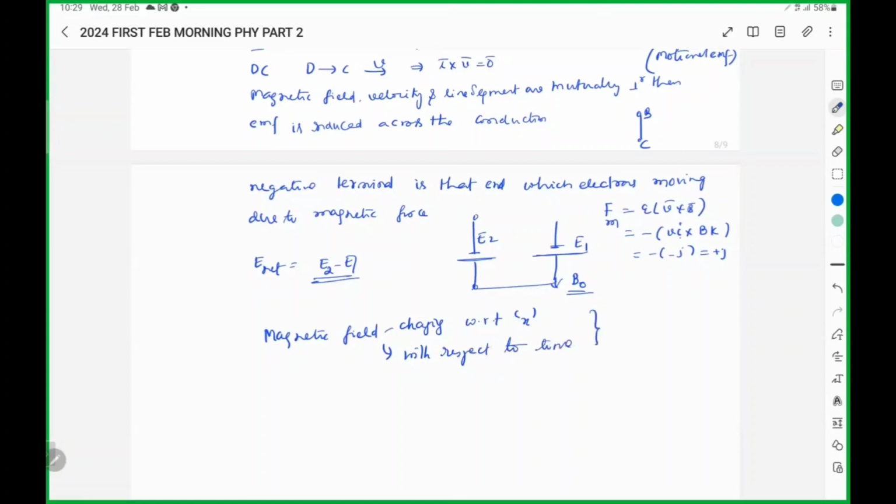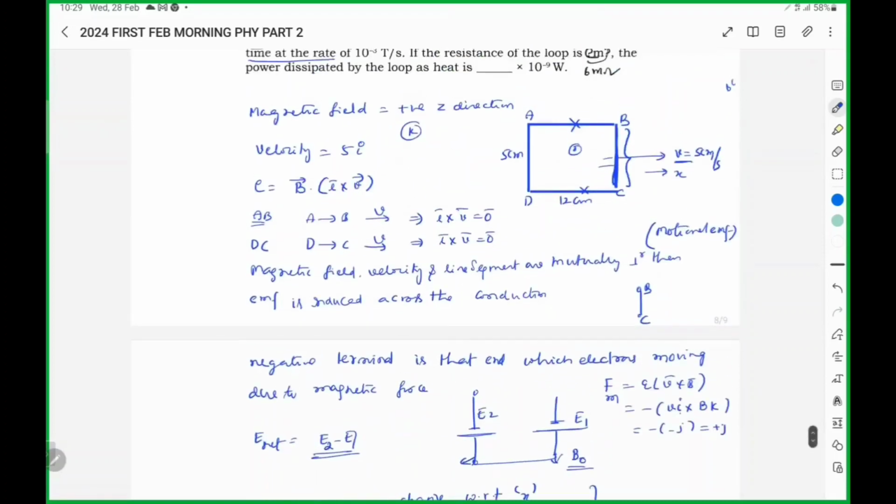So let us calculate EMF which is induced in both cases. First with respect to X, here B naught, what will be the magnetic field here?